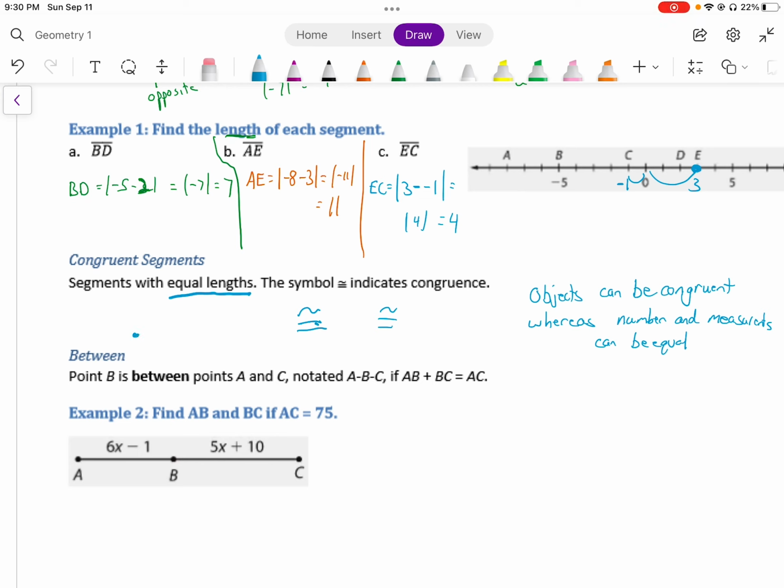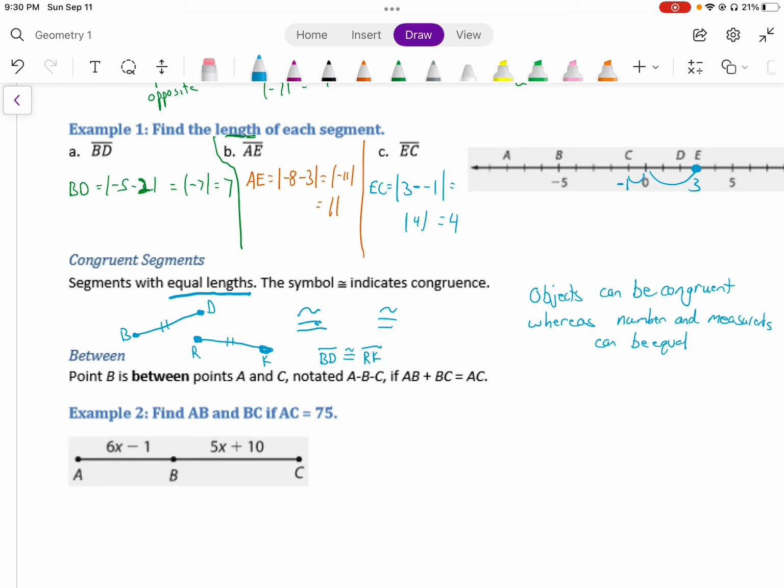We can mark, so I'll try to sketch a pair of congruent segments. I was trying to make those exactly the same length. I'm not perfect, so what we can do to show they're congruent is put the same amount of little tick marks on there. And so if we label our endpoints here, we could say segment BD is congruent to segment RK.